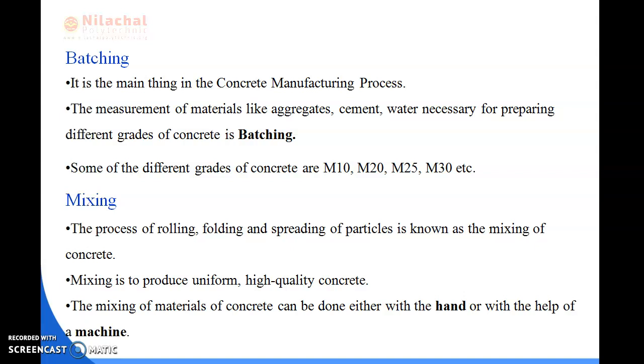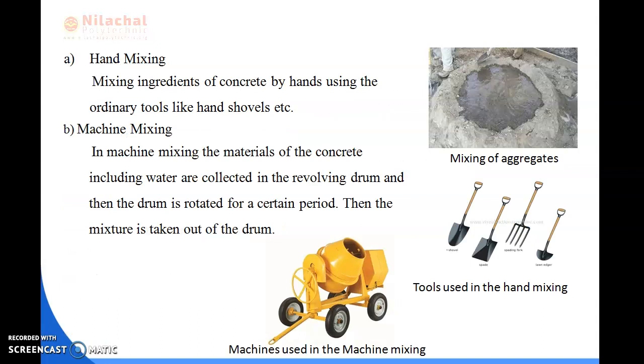So before the mixing method we have to measure all the materials, and after that we have to mix all the aggregates, cement, water and so on, to get a proper, high quality concrete. This mixing can be done by two methods, that is the hand mixing method or the machine mixing method. Today we'll be discussing the hand mixing method and the machine mixing method.